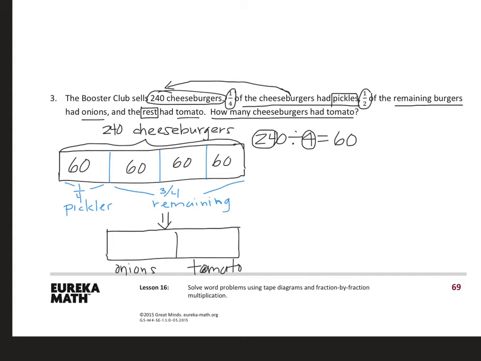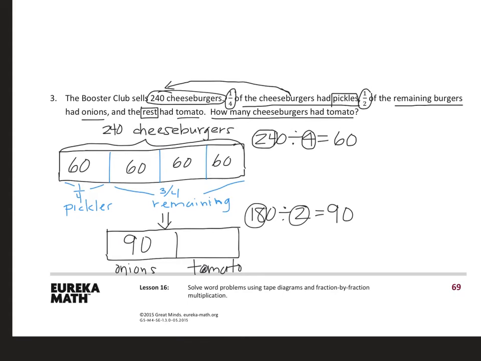So if this box right here represents the 180 up above, we are now going to do 180 divided by the 2 boxes down below. So think of 18 divided by 2, that's a basic math fact of 9. So 180 divided by 2 is 90.